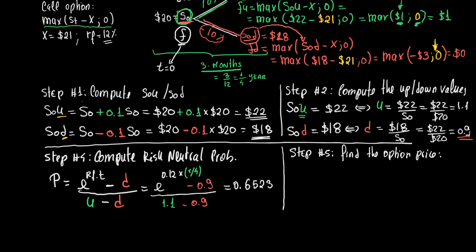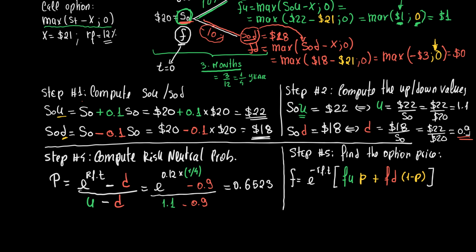The option price is given by the formula f equals the exponential of minus the risk-free rate times the time period, multiplied by the payoff of going up times my probability, plus the payoff of my option going down, multiplied by 1 minus the probability.